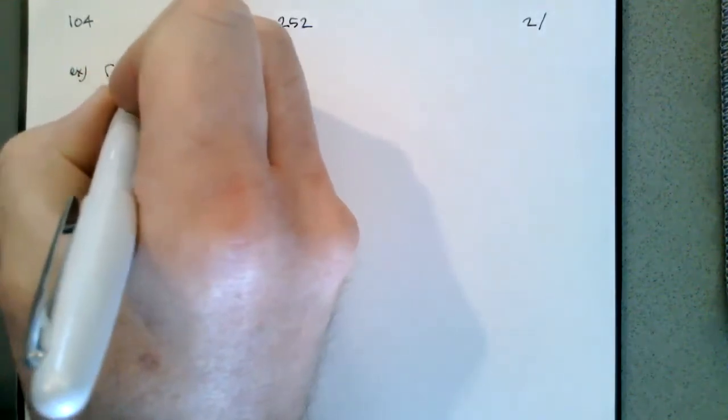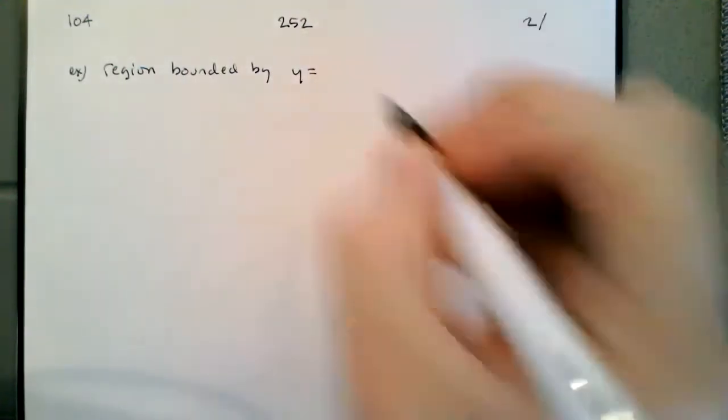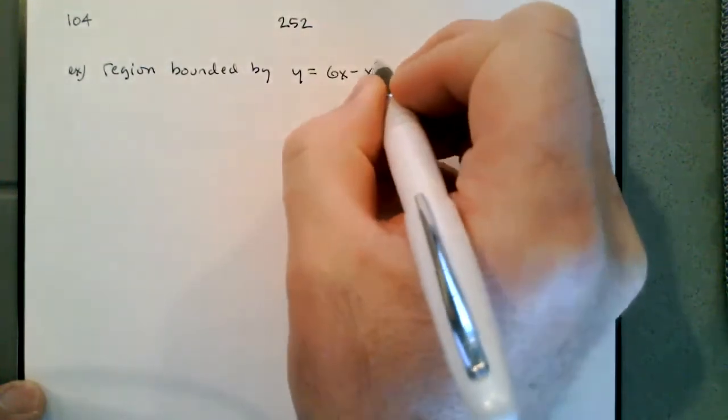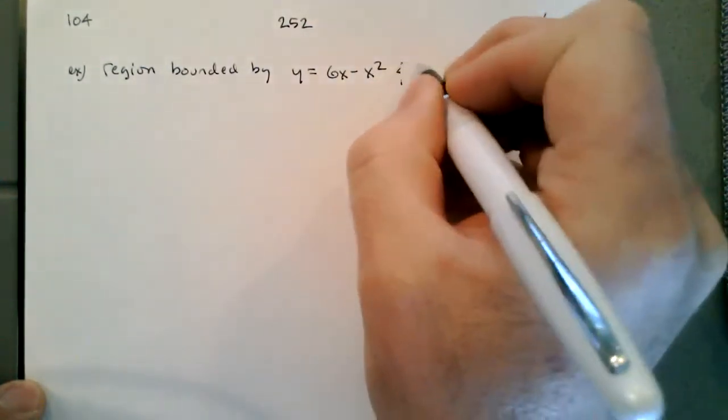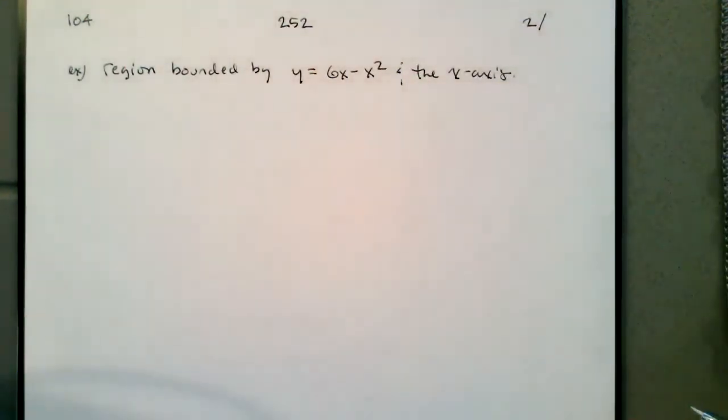So let's take a look at a region bounded by 6x minus x squared and the x-axis.